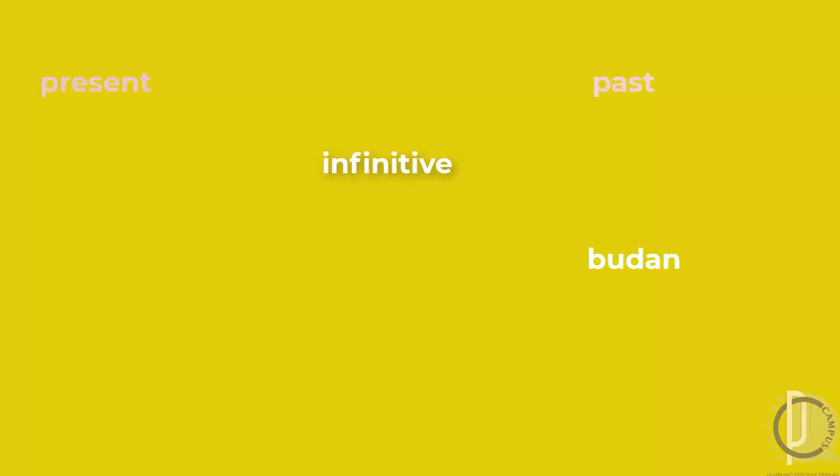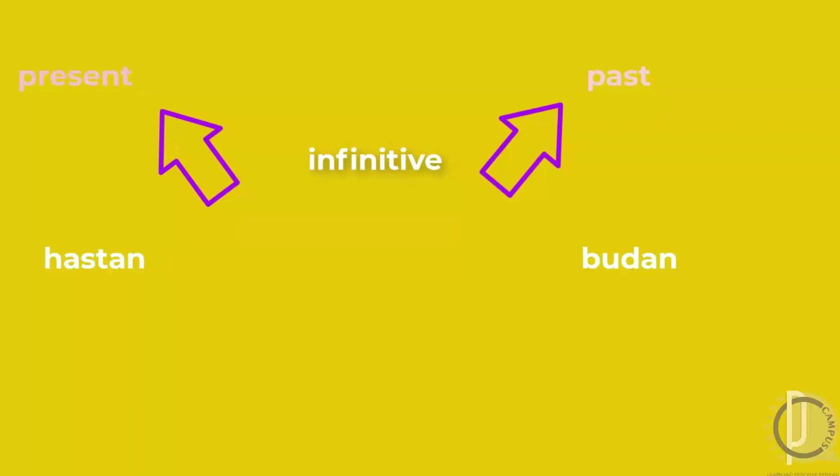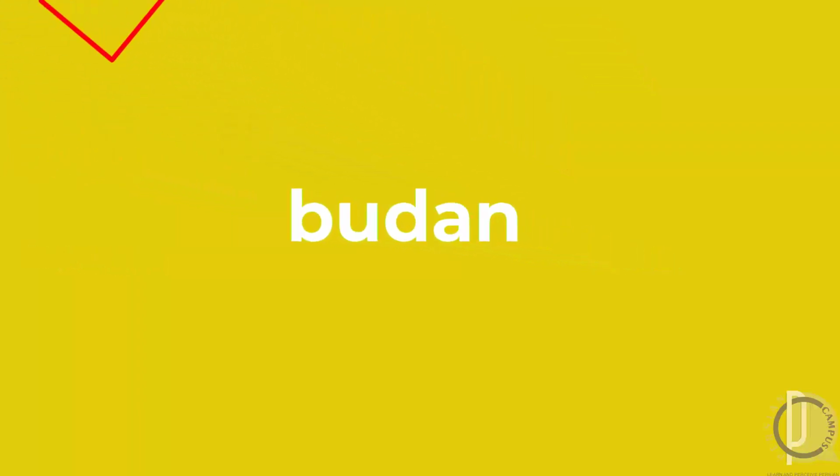However, some scholars believe budan is only the infinitive for the past tense, not the present tense. And for the present tense, the language uses the infinitive hastam. As a linguist, I follow the first path and won't enter this argument.